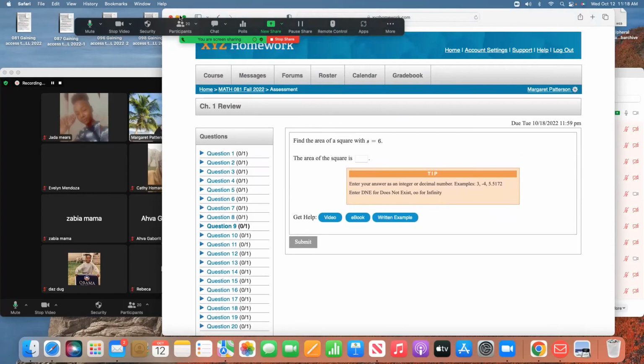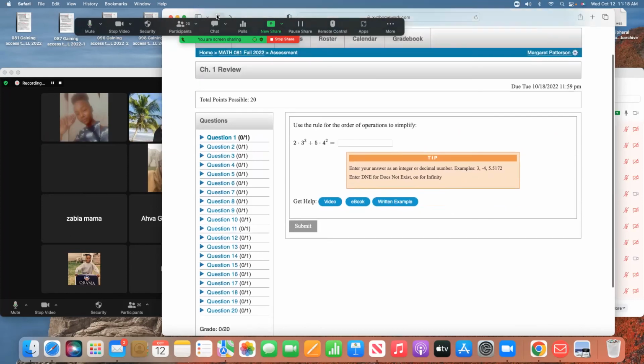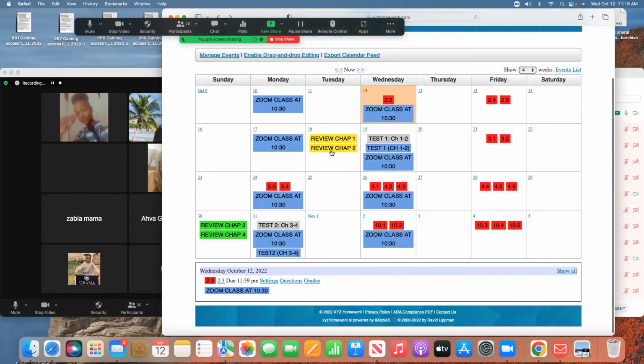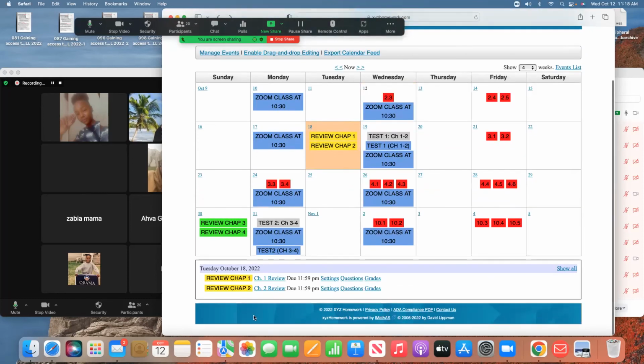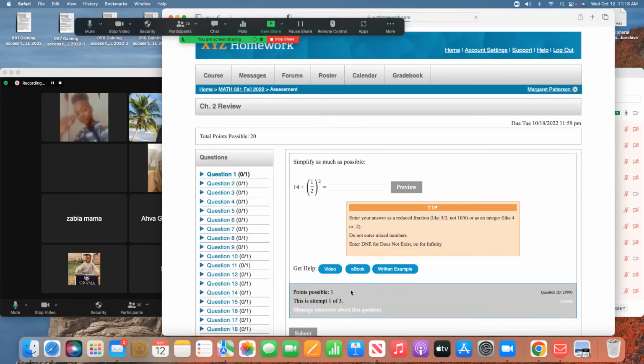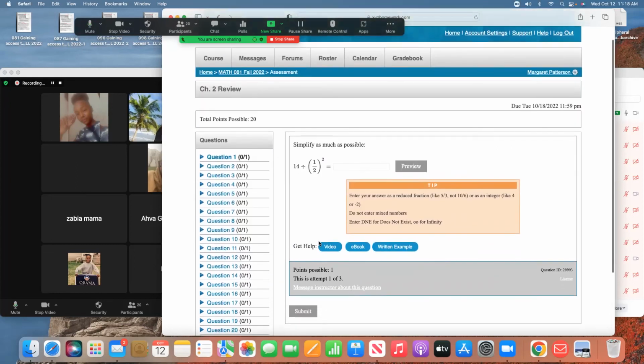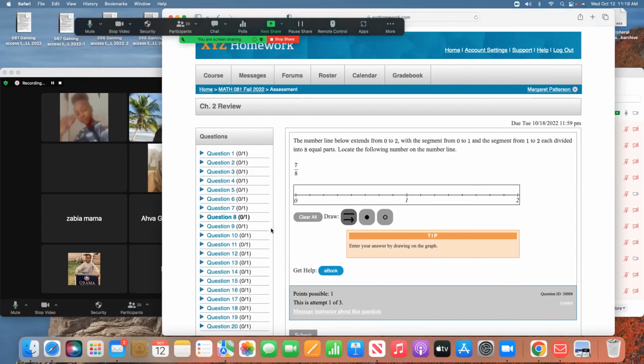Then let's go back. Then there's a chapter 2 review, something we were just working on. This is actually a good problem: 14 divided by 1/2 quantity squared. I think I'll do that in a second. But there's all kinds of problems here for you to work through.